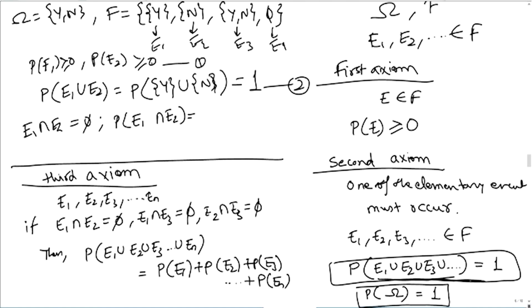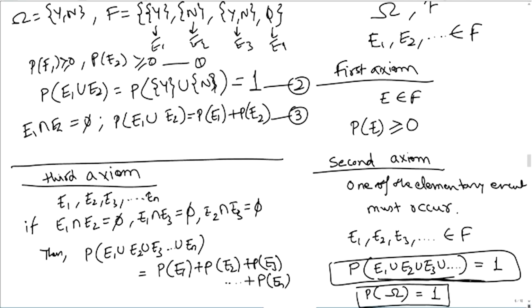What it implies here is that if E1 intersection E2 is an empty set, then the probability of E1 union E2 is equal to the probability of E1 plus the probability of E2. Okay. So, this is what we get based on the third axiom.